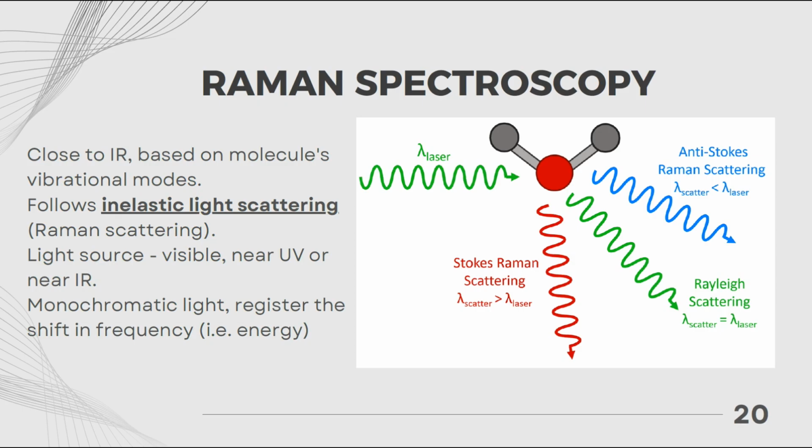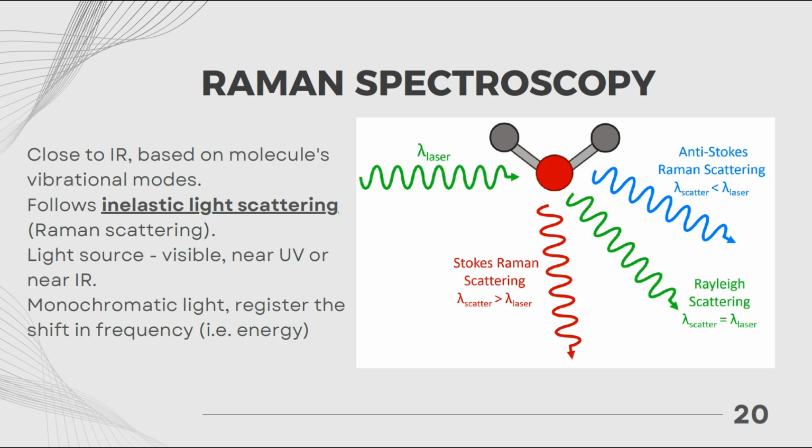It may scatter elastically, which is also called Rayleigh scattering, and elastic means that there is actually no energy transfer between the photon and the analyzed molecule.